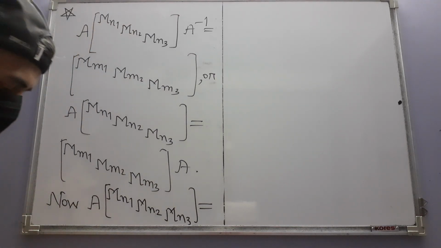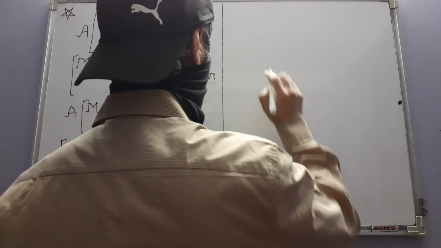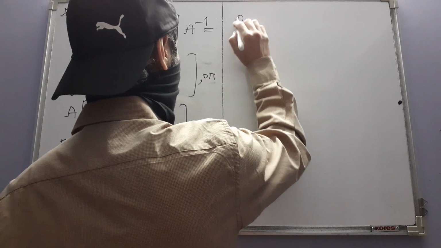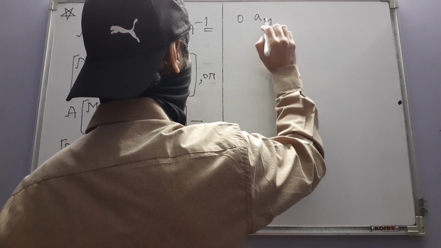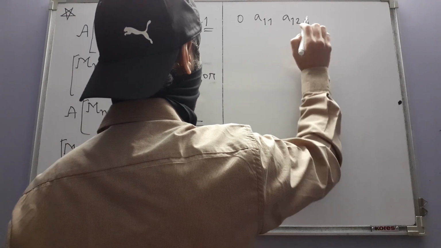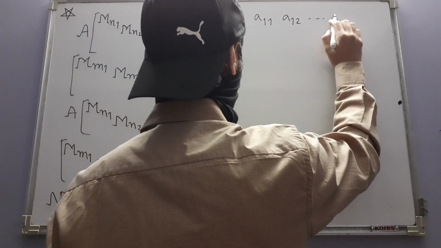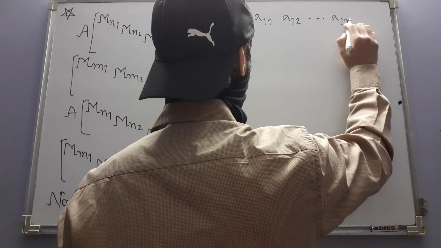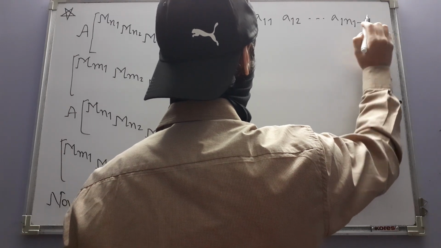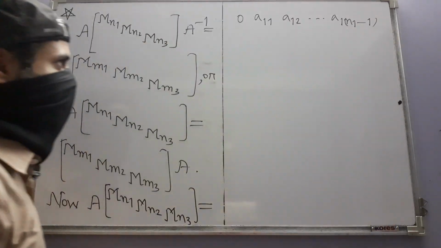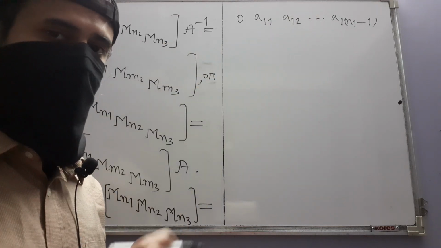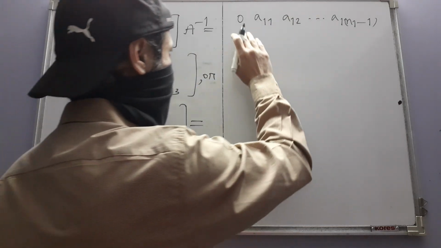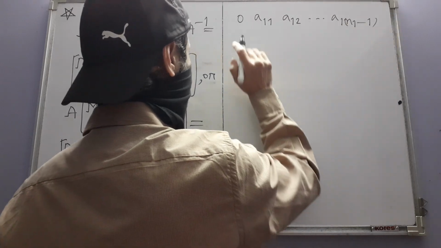So the product is going to look like this: 0, A11, A12, A1,N1 minus 1. That's not the entire row. There are more things to write, but we can only write this much here.